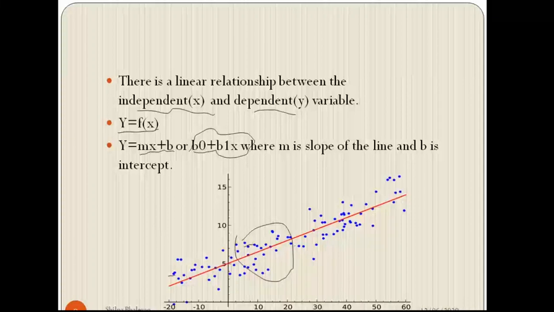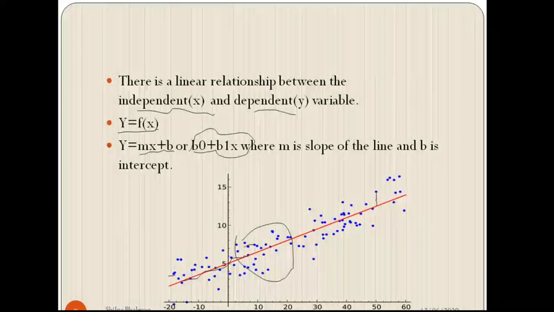So we plot these points on a graph, and based on this we determine the values of m and b, that is b0 and b1, so that the line covers the maximum points of the data set. It may cover all the points, or it may leave some of the points. It is possible that the best fit line does not cover the points, but the difference between the actual value and the predicted value should be minimum.